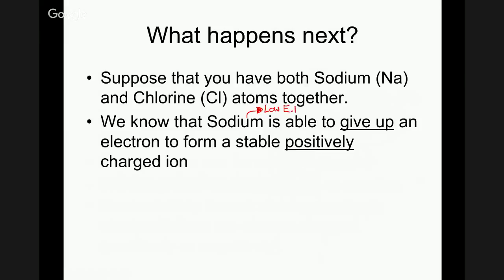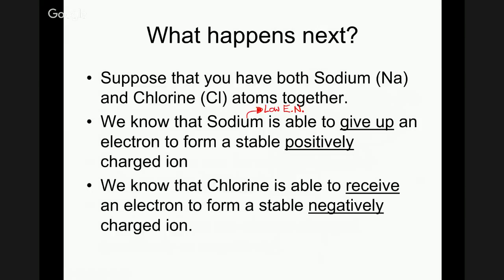It has very little pull on electrons. Whereas we know chlorine has a high electronegativity. It is very much pulling on electrons. And so the chlorine will receive an electron and it's going to form a negatively charged ion.